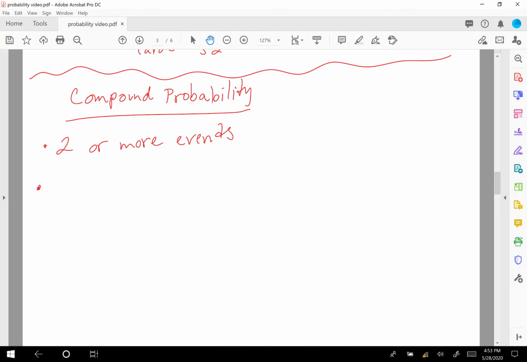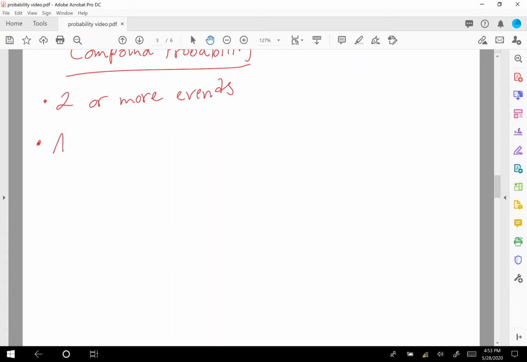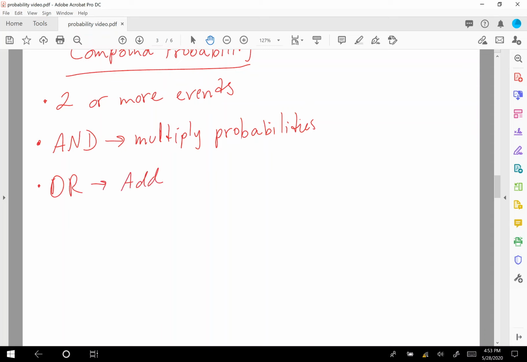And when you see the word and, you're going to typically multiply the probabilities. And when you see the word or, you're going to typically add the probabilities.